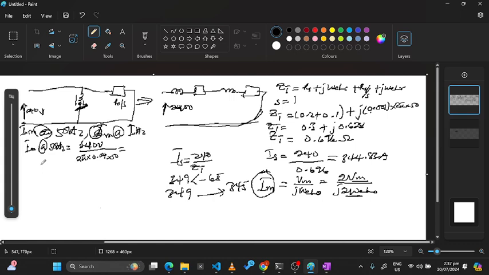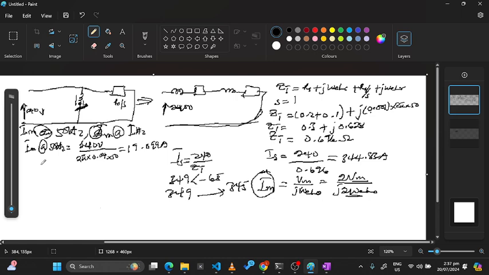Okay, so this will give us 19.099 amps. Okay, so we are going to get this current.